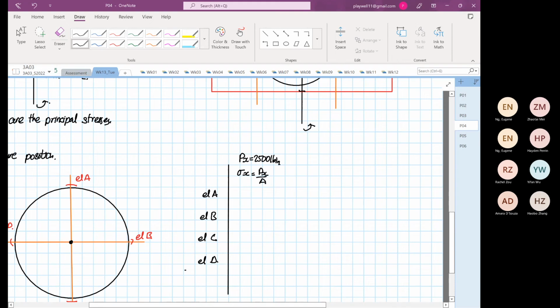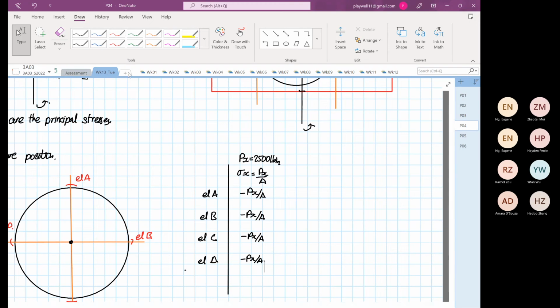Now, with the axial load, all of them are going to see negative Px over A. So due to axial loading, the stresses induced on element A, B, C, D are all the same.